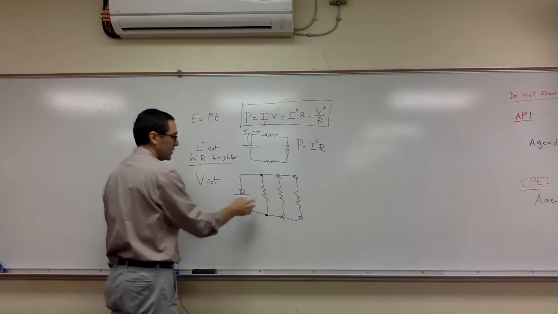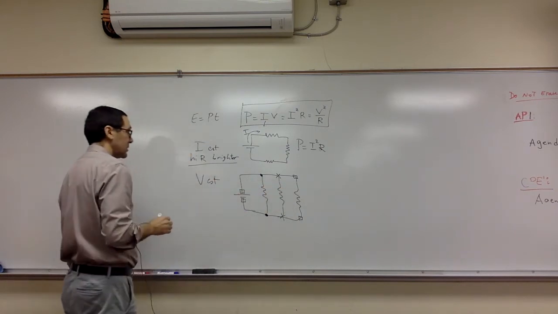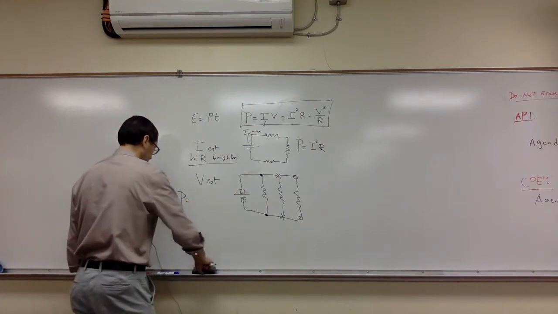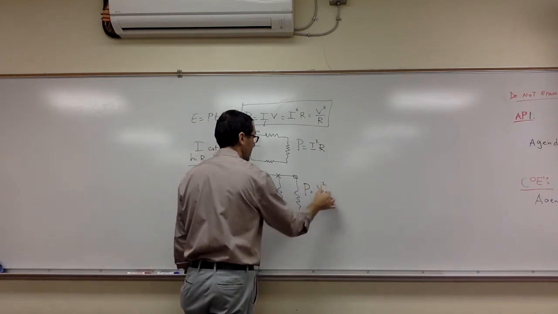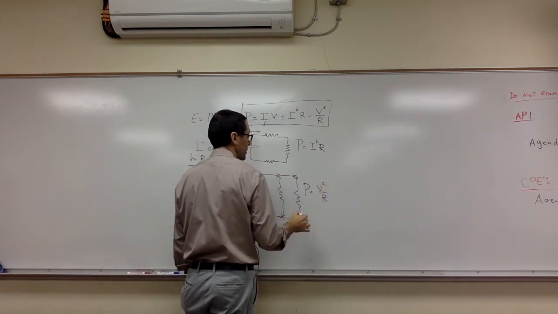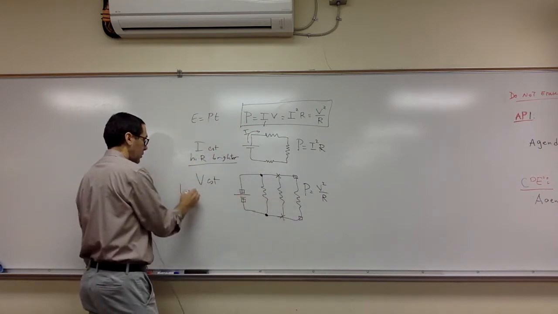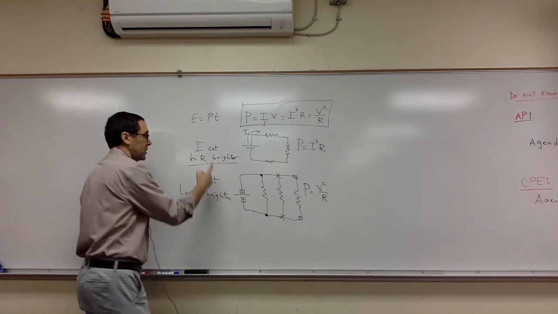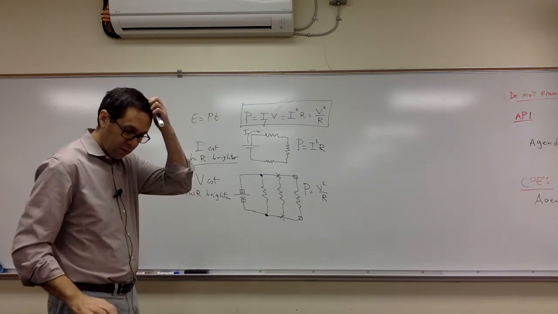So if this is 9 volts, you will measure 9 here, 9 here, and 9 here. So if the voltage is constant, I'm going to do power is V squared over R, so it's easier to compare. Okay, so which one is going to be brighter? Low R is brighter. So you just have to be careful what kind of circuit you're dealing with.